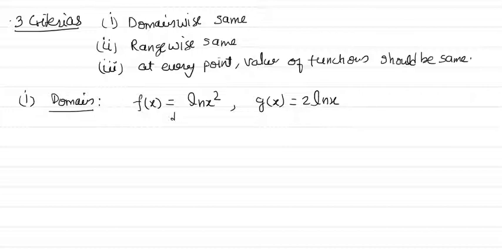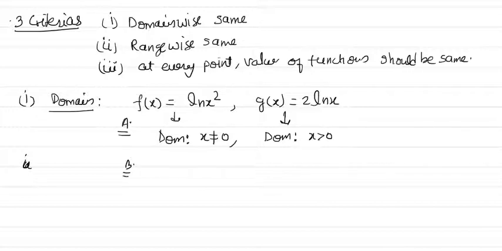The domain of the first is x not equal to 0, but the domain of the second is x greater than 0. You can see the domains are not the same, so these two functions are not equal. As simple as that. This is the first example.